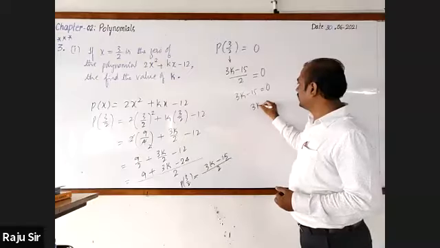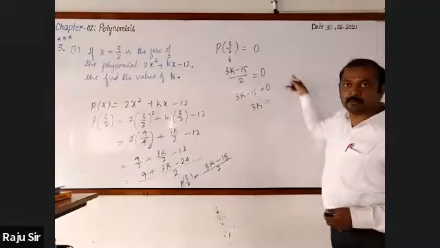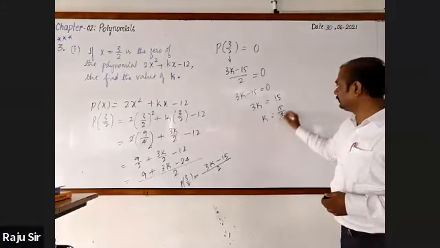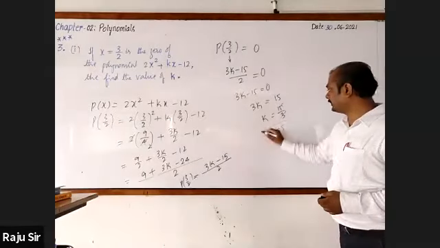Next, 3k is equal to, transfer minus 15 to the right hand side, it becomes plus 15. Then k is equal to 15 by 3, 3 fives are 15. K value is 5. Now you tell whether you have understood.